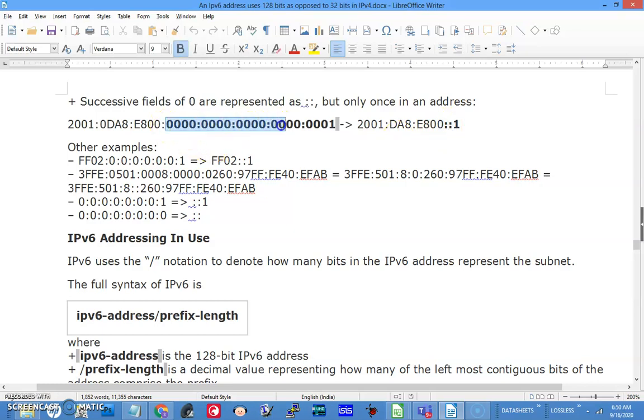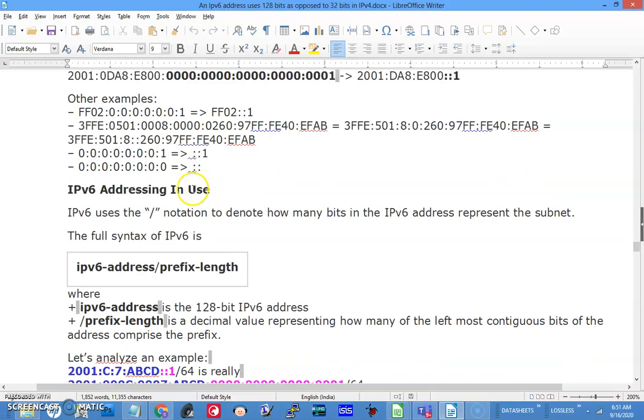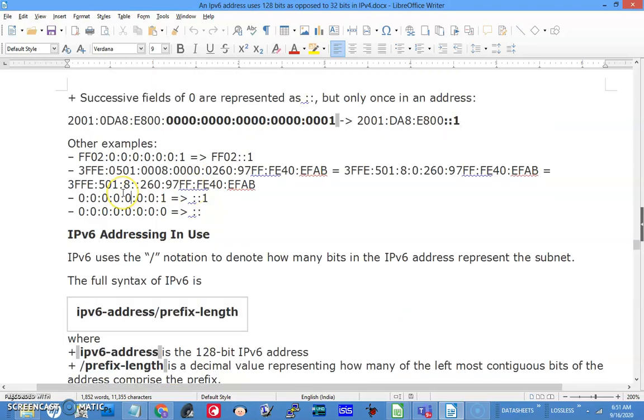They all are abbreviated within this single double colon. Similar examples are given. You can have a look at it and how it looks like. For sure there will be a question based on this notation.